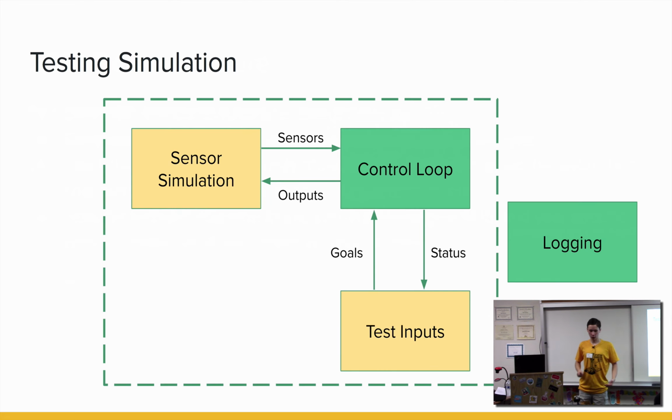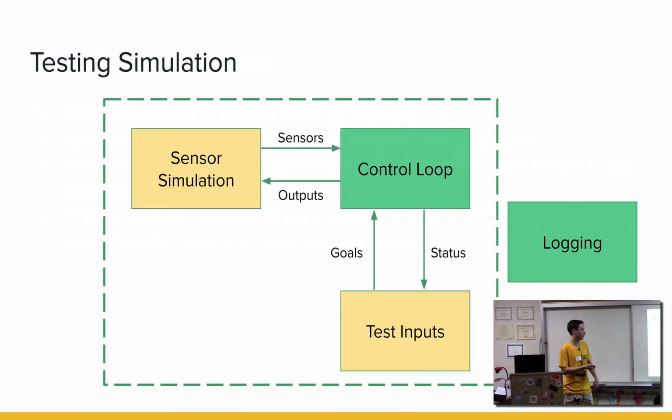And so the way this testing system works is, as I mentioned earlier, we have a lot of abstraction. So what we can do here is, for example, replace Wpilib with a sensor simulation. This will take the voltage output and produce sample sensor reads back, and it'll add some noise to produce something that's plausible, or pretty close to what Wpilib would return if it were running on an actual robot.